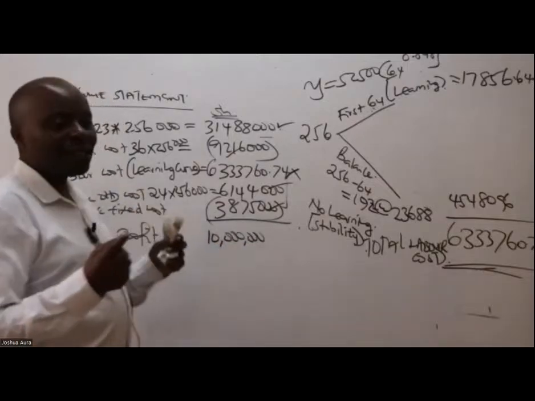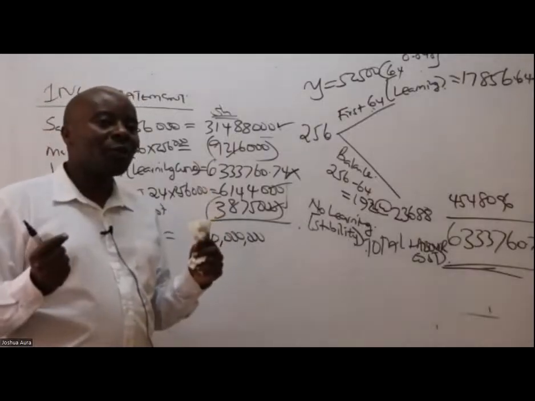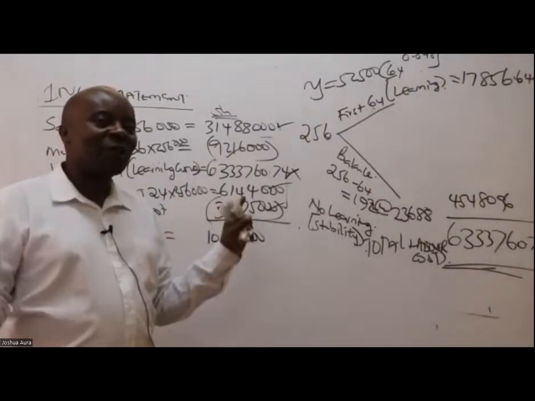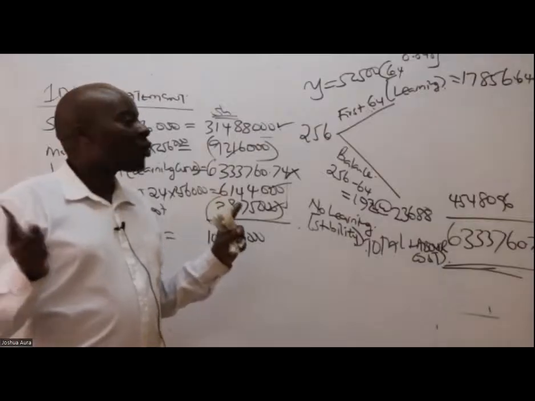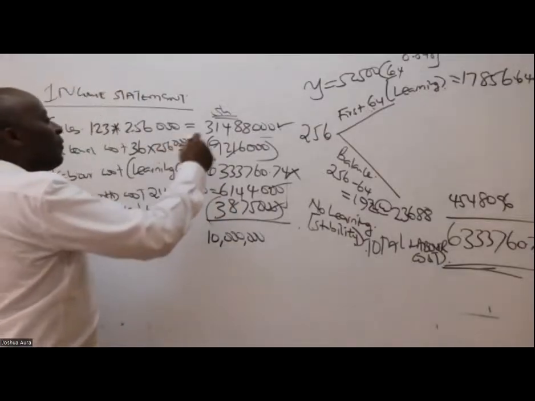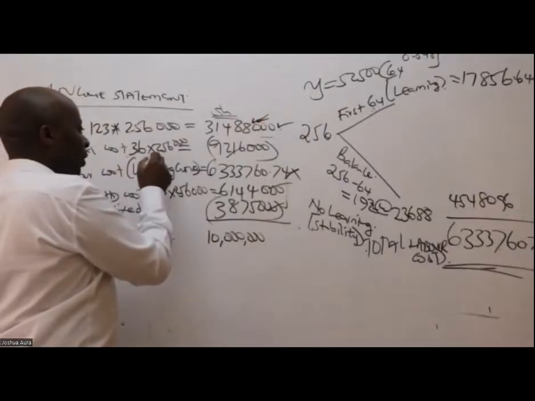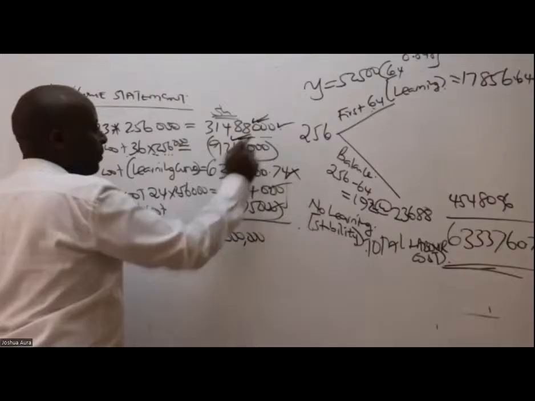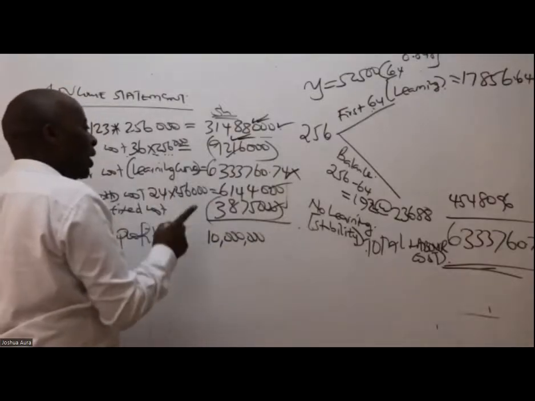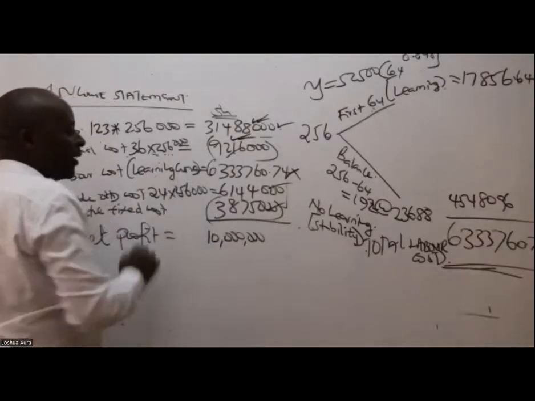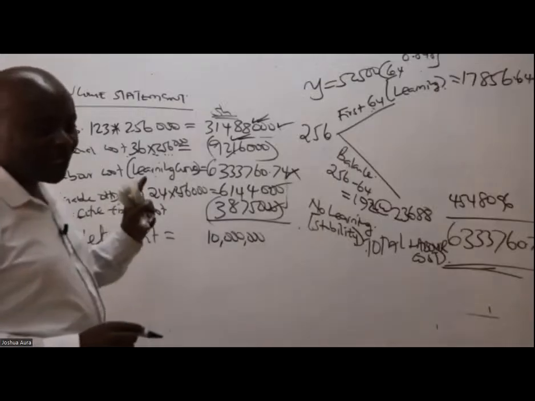And still, they are talking over how many units in total to be produced? 256,000, the 256 batches. So it means that sales revenue will remain the same. Material cost for the 256,000 will remain the same. What will change will be the labor cost, because now the learning curve is going to change.